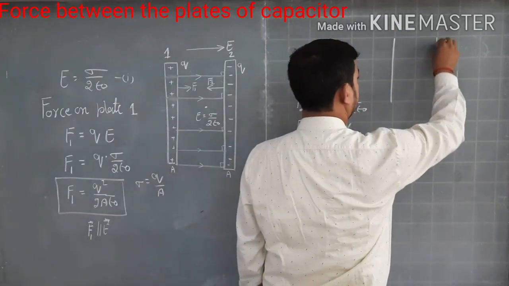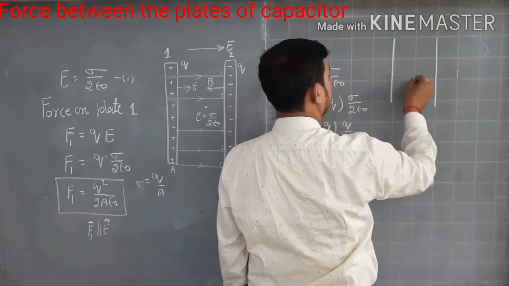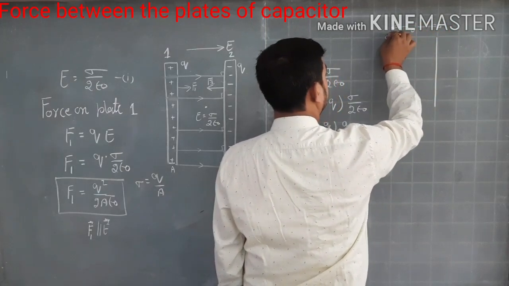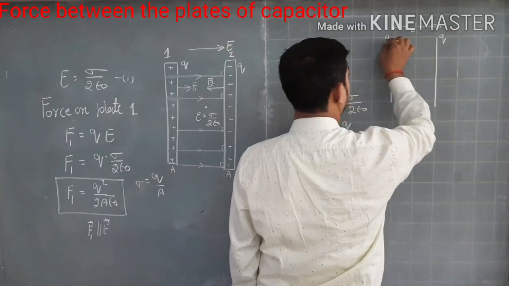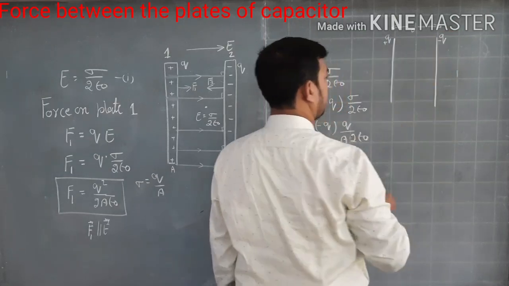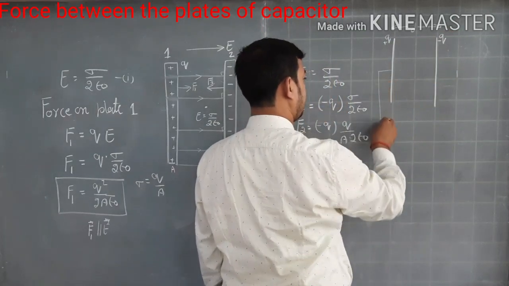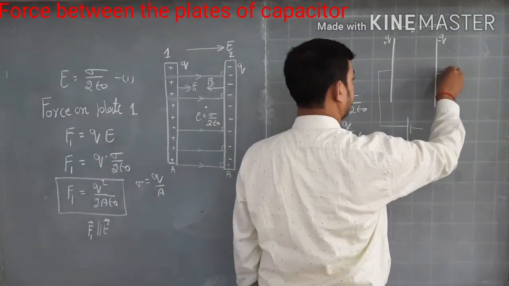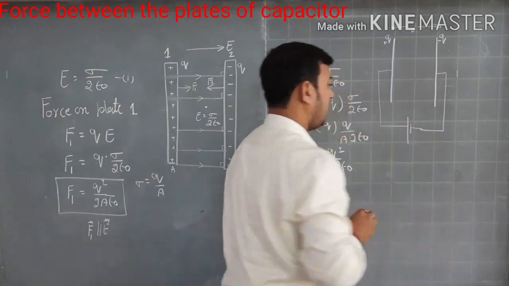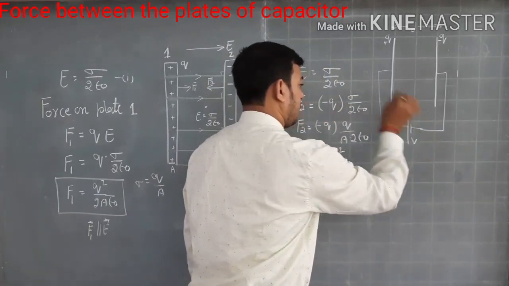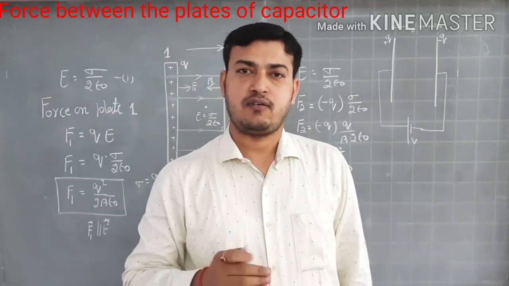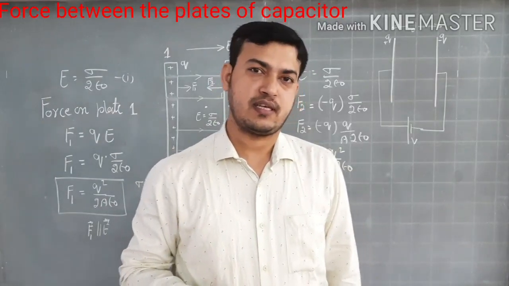Consider a parallel plate capacitor. The separation between the plates is d. The charge on each plate is plus Q and minus Q, and I will connect my capacitor with the help of a battery. Now we know that a battery always maintains a constant potential difference between its ends.